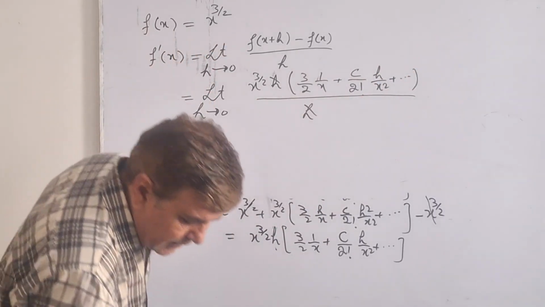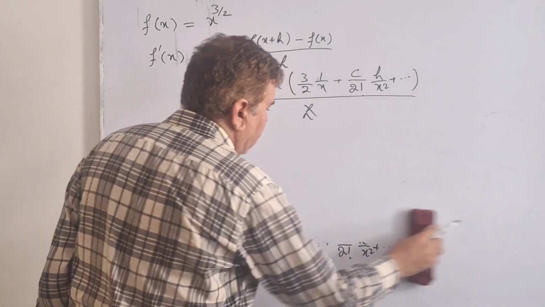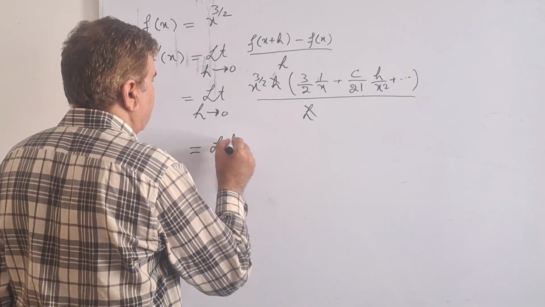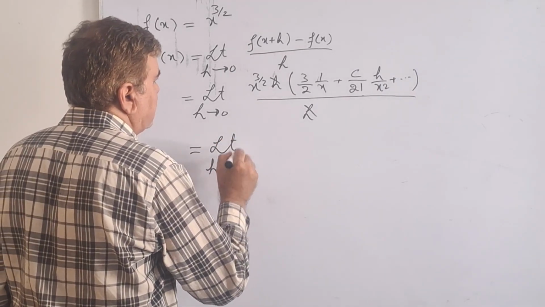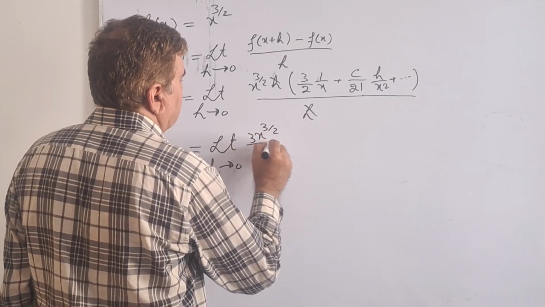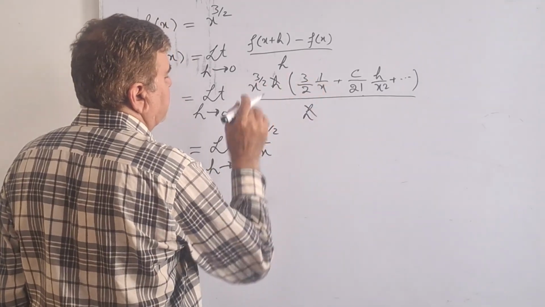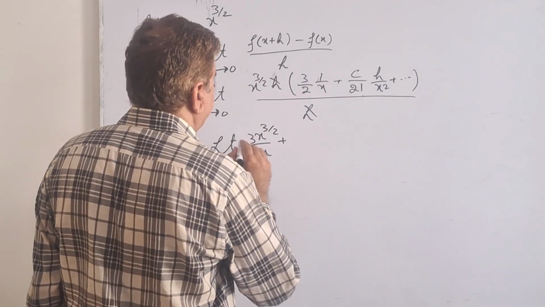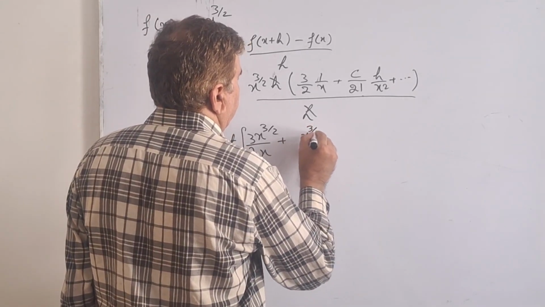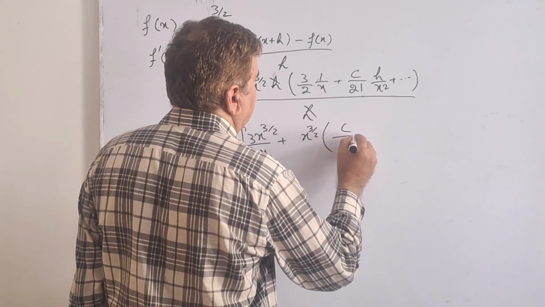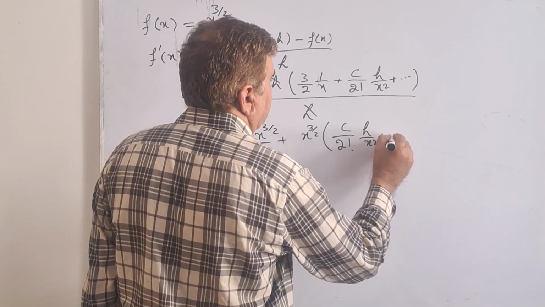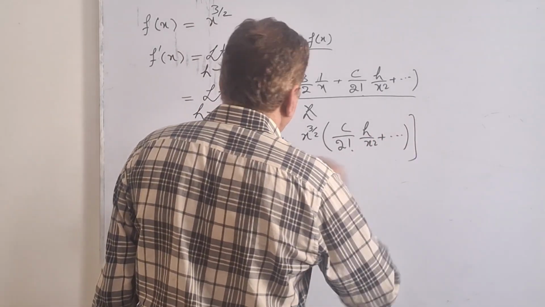Therefore I can separate that term as well, and write it in the form limit h tends to 0, x power 3 divided by 2 into 3 divided by 2x, this whole term, and then plus this bracket over here, x power 3 divided by 2 into c divided by 2 factorial h divided by x squared plus so on.